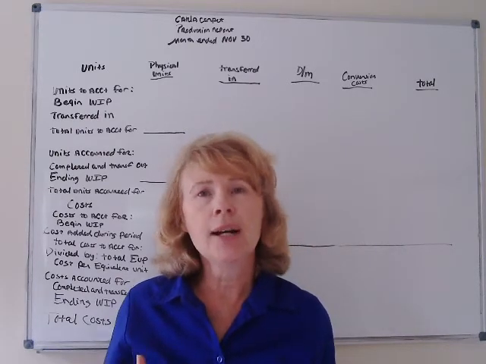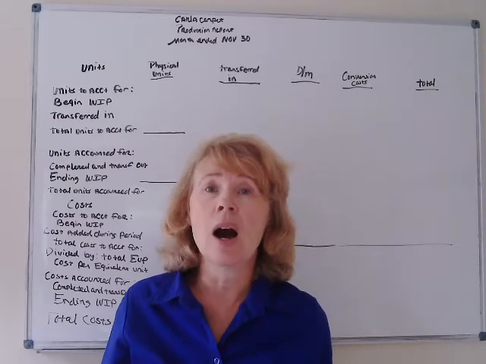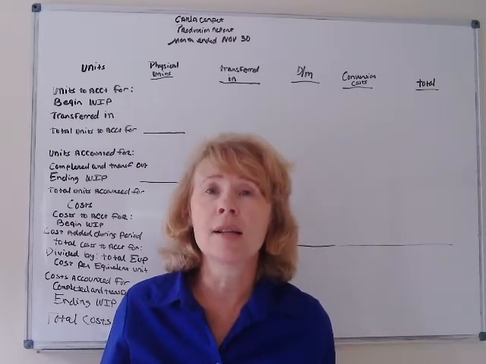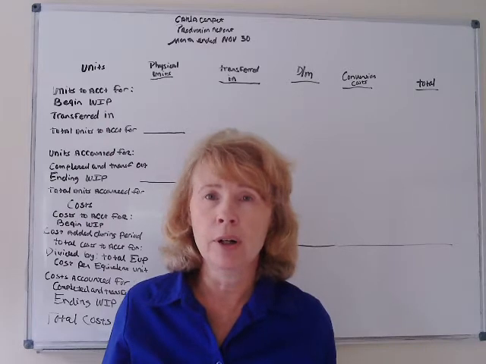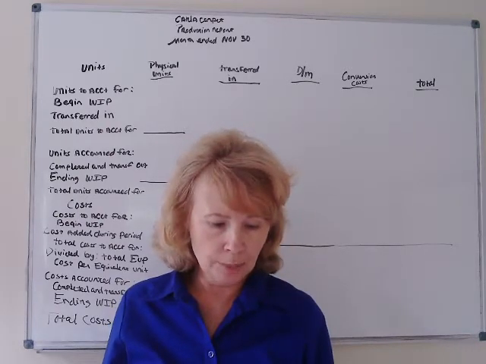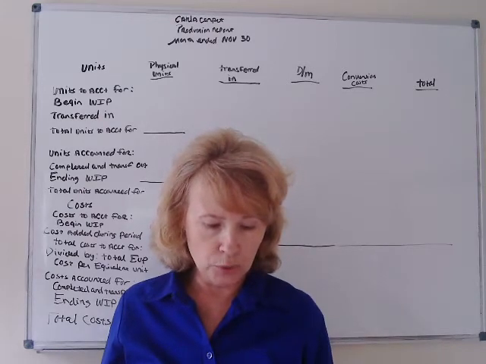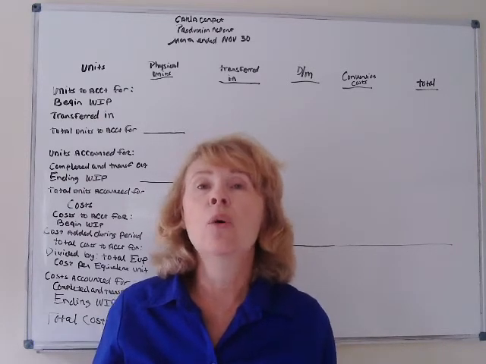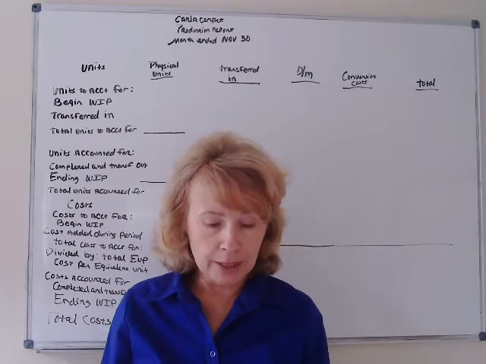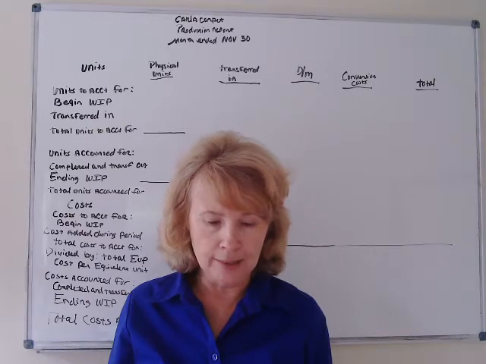If they do not give you the total, you have to know what conversion costs are. Conversion costs are direct labor and manufacturing overhead. This particular problem, they did give it to you, but if they didn't give that to us, we have to add that in.